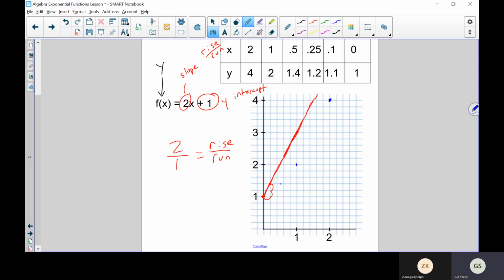So that would be 1.4 for me. 1/4 or 0.25 would be right here, and I need to go to 1.2, which would be right about there. And then 0.1 and 1 would be right about here. And then 1 would be right there.